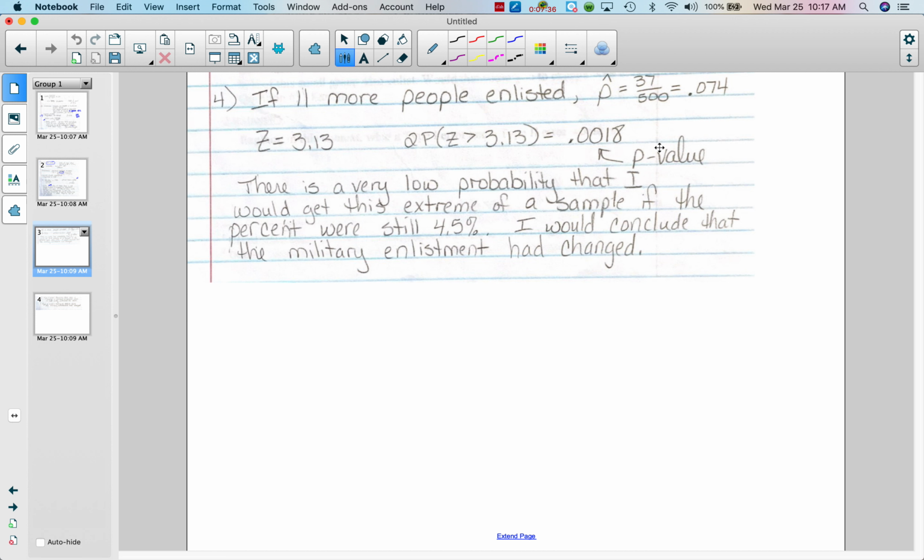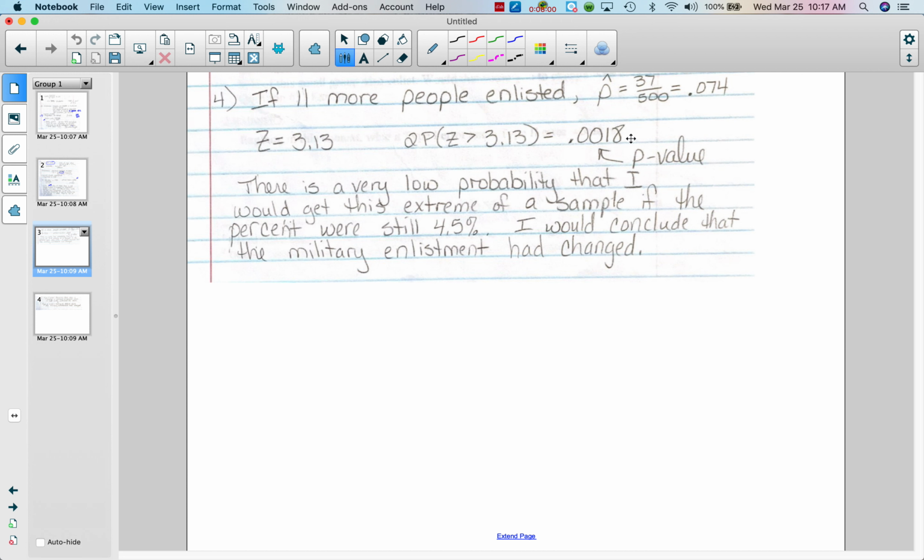So now all of a sudden, this is a low p-value. Remember, if the null hypothesis is true, so if the proportion was still 4.5% of the people who enlisted in the military, then the probability I would get results as extreme or more than these is 0.0018, and that's really small.